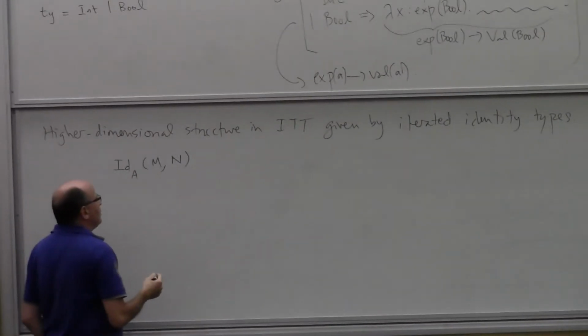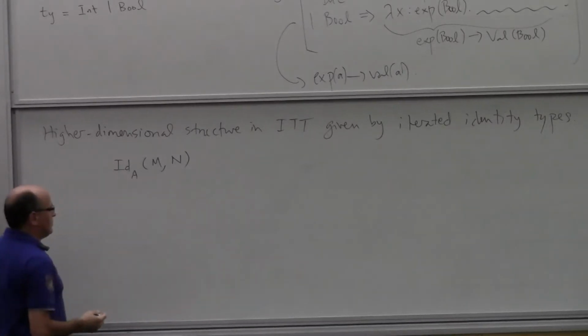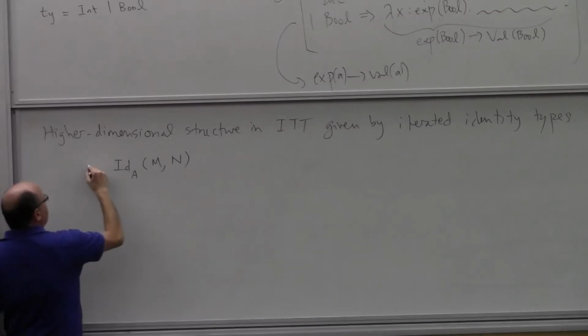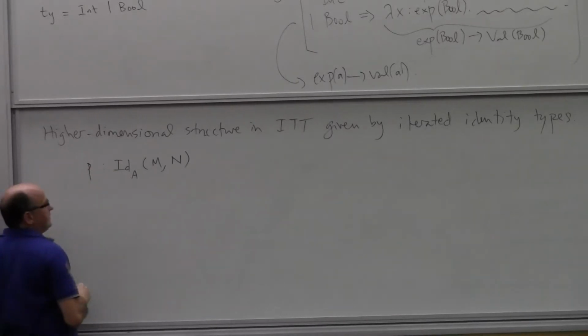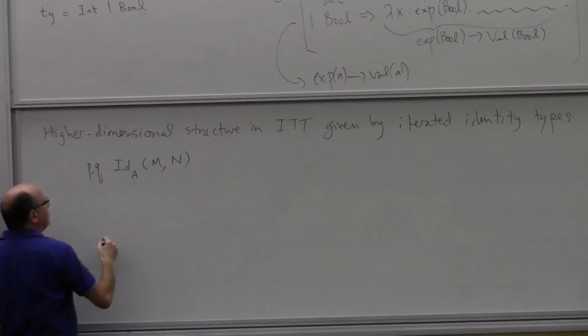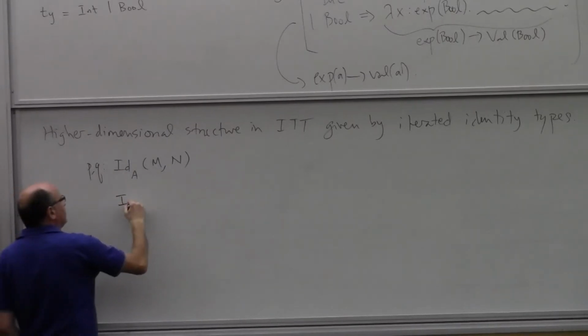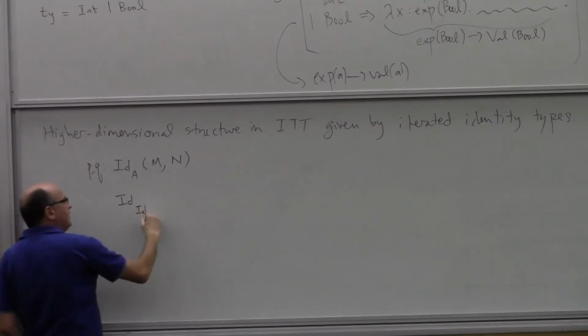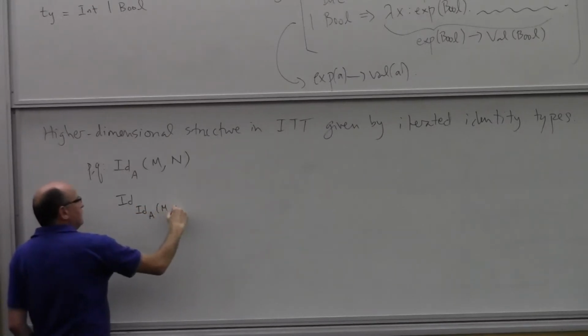And then we had proofs, P, of such identities. That's the first dimension in some way. Then we found that if we had two such things, let's call them P and Q, we could extend that notion, because this is a type, and so it has a notion of identity as well.